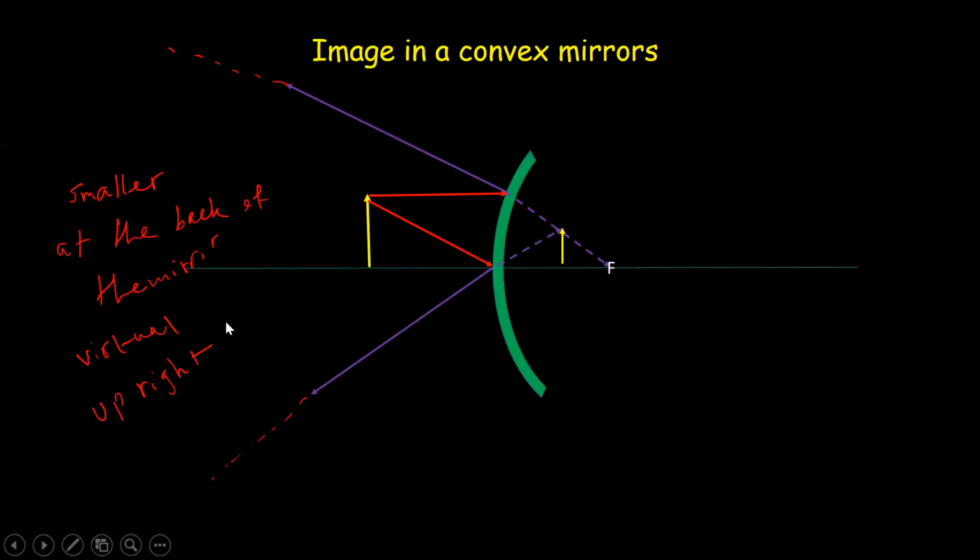Remember, when you have a convex mirror, you always have a virtual image that is smaller than the object. But when you have a concave mirror, just in one case, when your object is in front of the focal point, you have a virtual image, but that virtual image is larger than your object.